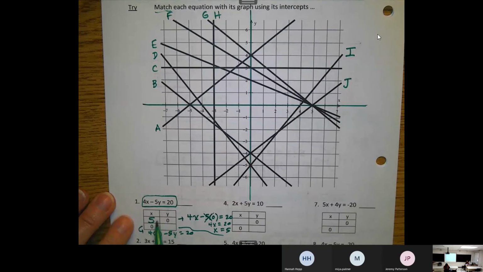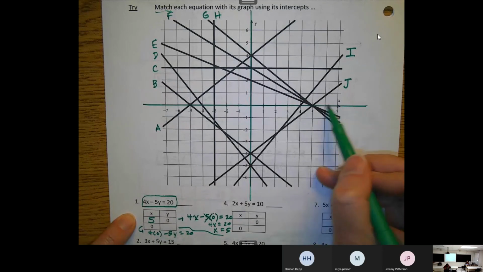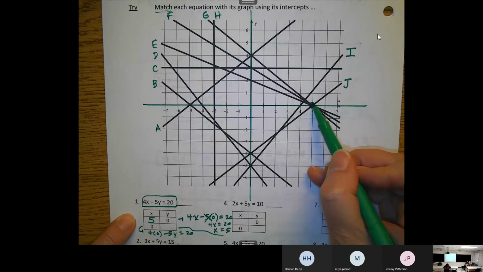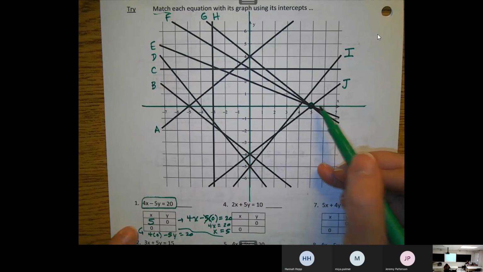Looks like the x-intercept for that first line is at 5. So I'm going to look for my x-axis here at 5. There's quite a few lines going through that point, so we've narrowed it down a little bit, but not all the way yet, have we?